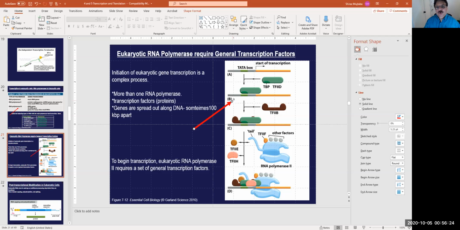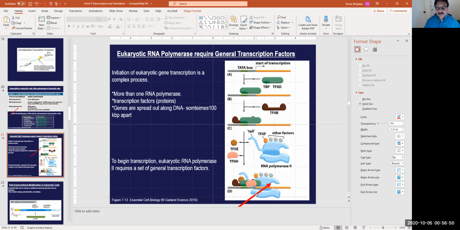And that is because of the orchestration of certain factors during the process of transcription and translation. So these are called general transcription factors, such as TBP, the TATA binding protein, and TF2D. These are transcription factors which work with RNA polymerase for transcription.